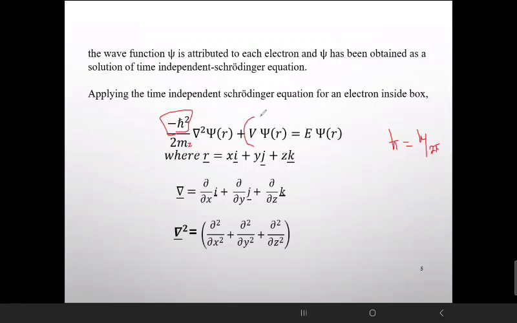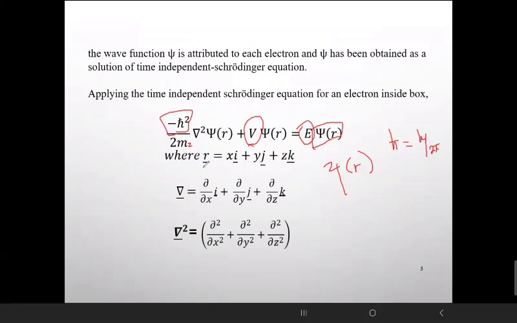V is the potential energy of the electron. E is the total energy of the electron. Psi is the wave function. So you have to find the solution psi of r, the wave function of the electron.